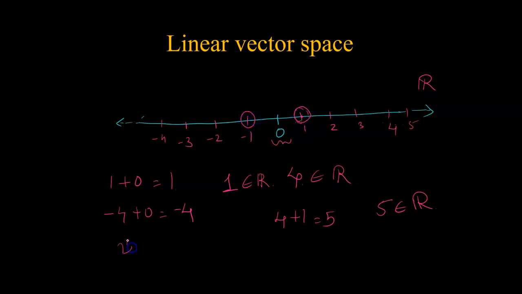That is, we have said that psi plus minus psi is equal to 0. If psi belongs to that vector space, minus psi also should be from that vector space. Otherwise it won't be a vector space. So now 1 plus -1 is 0. So for each number here, there is the same number with a negative sign. So there exists an additive inverse.